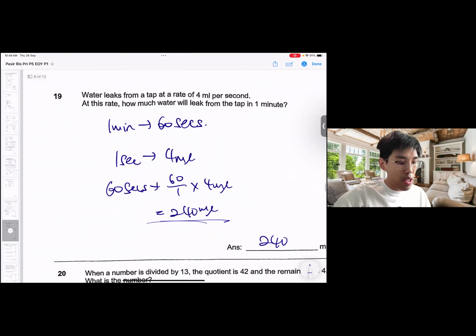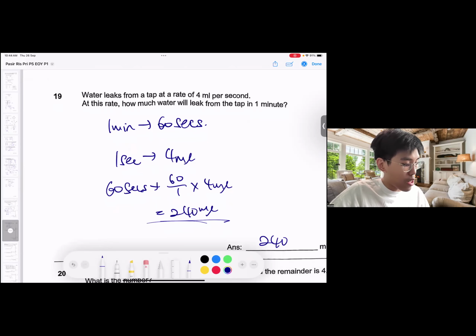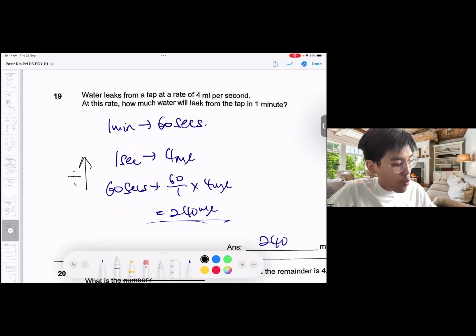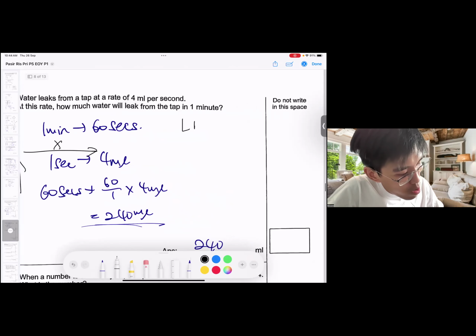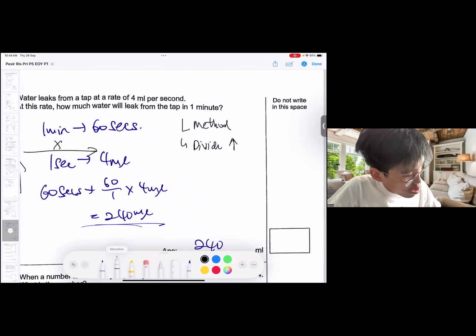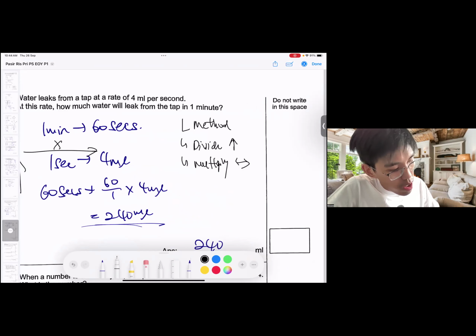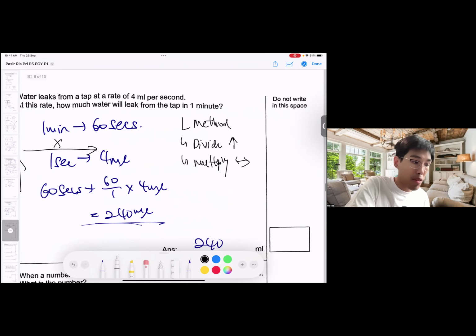Okay, so in here, normally what I do is I'll introduce this thing called the L method. The L method tells me to divide outwards and multiply across. This one applies to all rate questions. Divide outwards, multiply across.